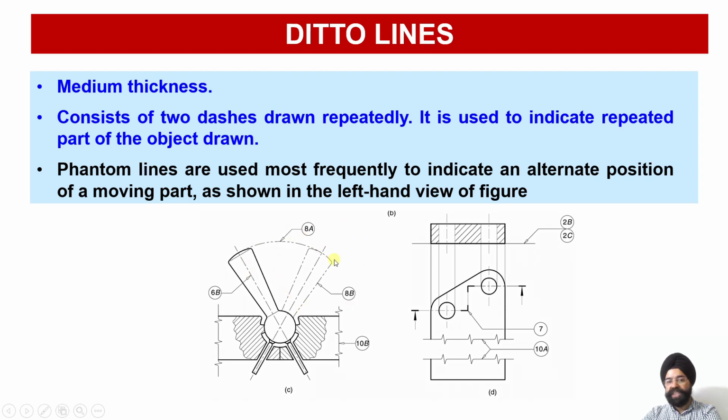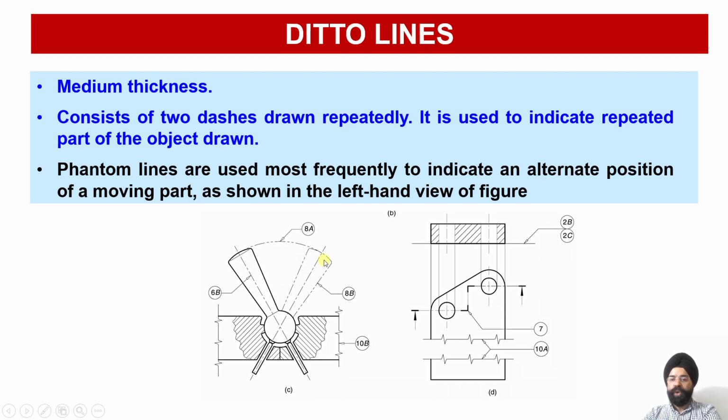By putting down this ditto line, I want to show that the idle situation of this handle is over here, but the moment this machine is working, this handle will be moving into this area. If I put down any other component over here, this will hinder the movement of this component into this position.